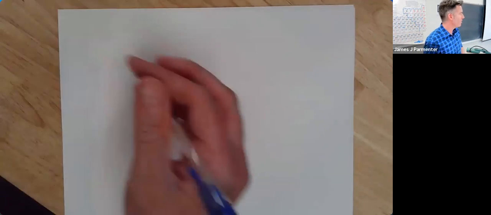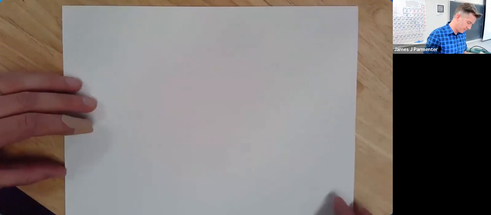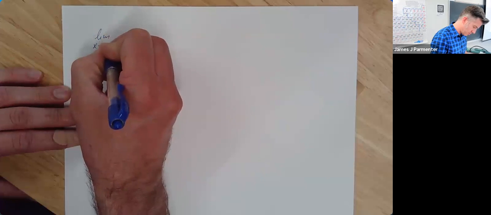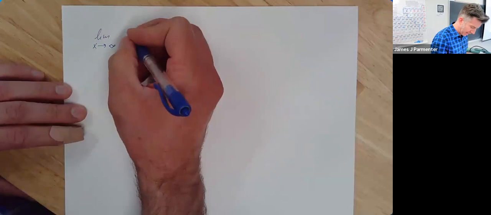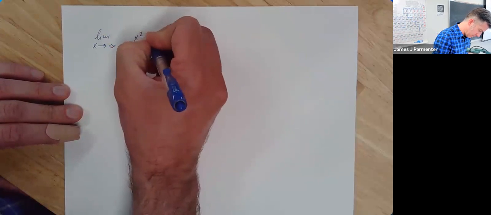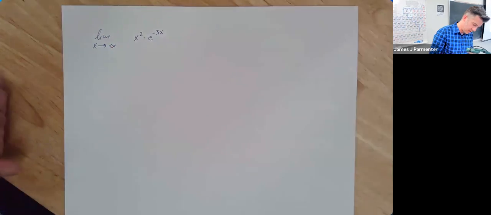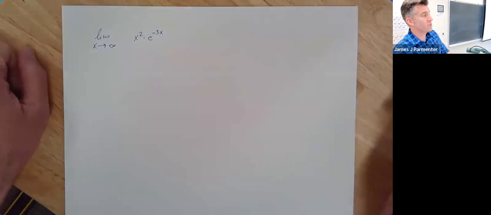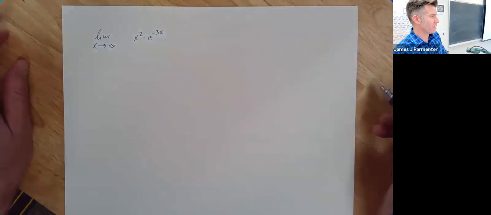Okay, let's look at another one that's kind of, I don't want to say obvious: the limit as x goes to infinity of x squared times e to the negative 3x. I would ask this question on a test. We should always think about plugging it in.